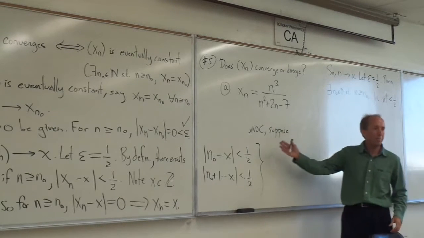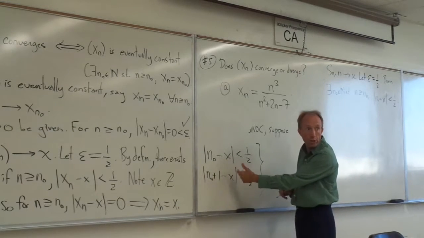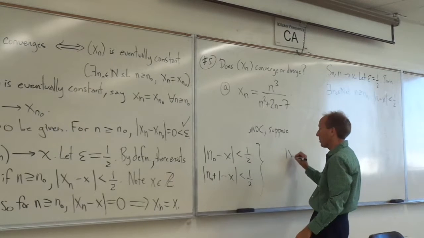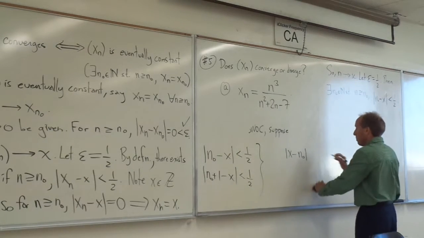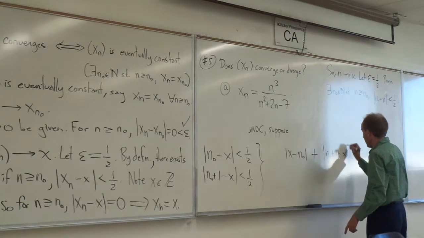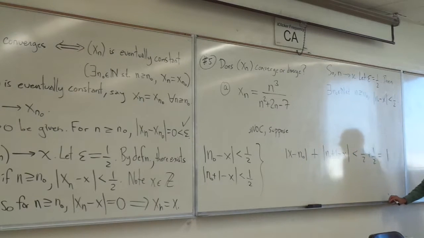We've seen this kind of trick before, right? Notice we can add them together, especially if we switch the sign on this first one. So notice that the absolute value of X minus N₀, let's do that one, plus the absolute value of N₀+1 minus X is less than 1/2 plus 1/2, which is 1.